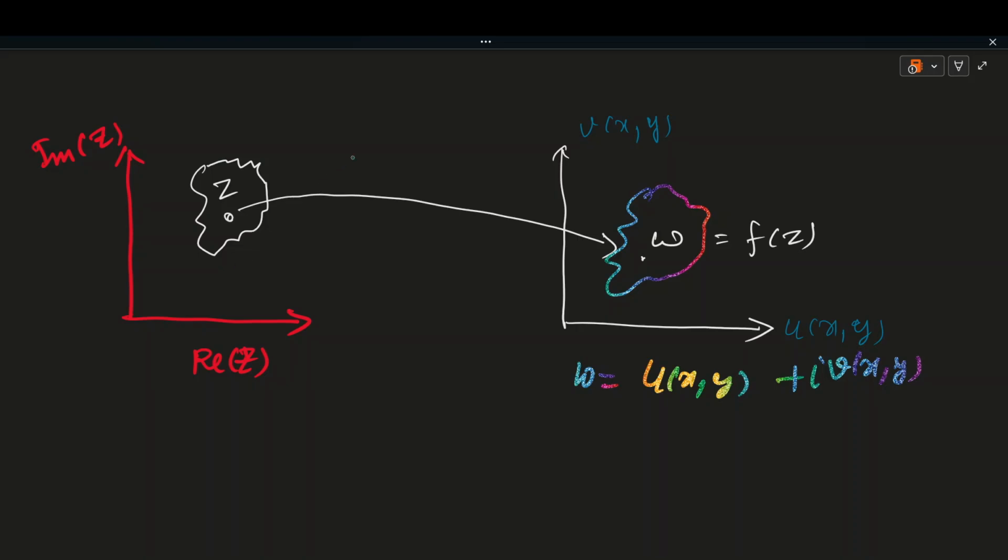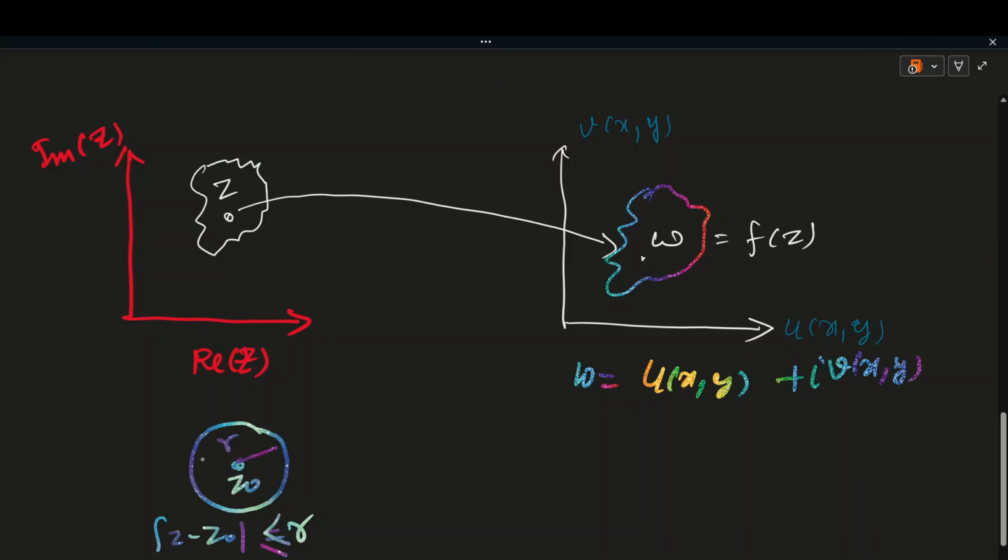So what I'm saying is, if you take some disk around z naught, consider this as a closed disk or open disk as per your purpose, but we are now taking a closed disk of radius r, that is |z minus z naught| is equal to r or less than or equal to r.